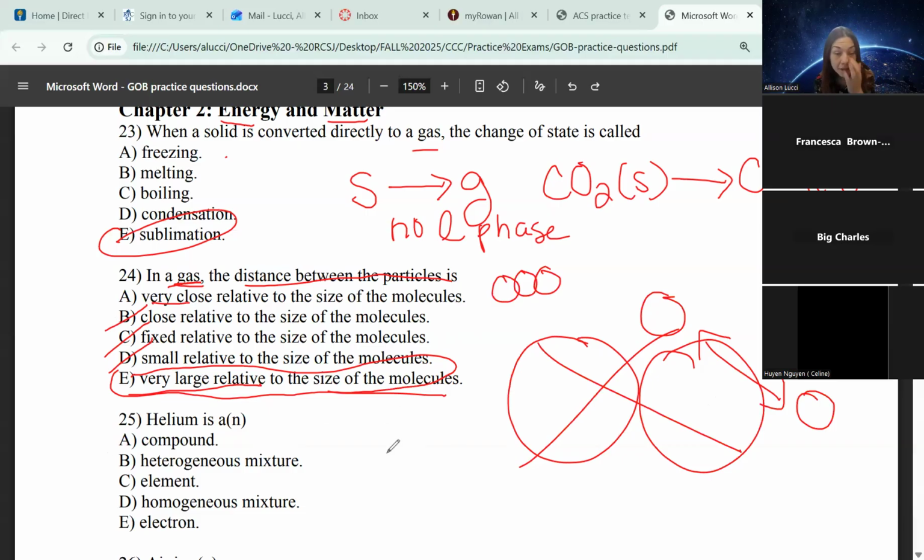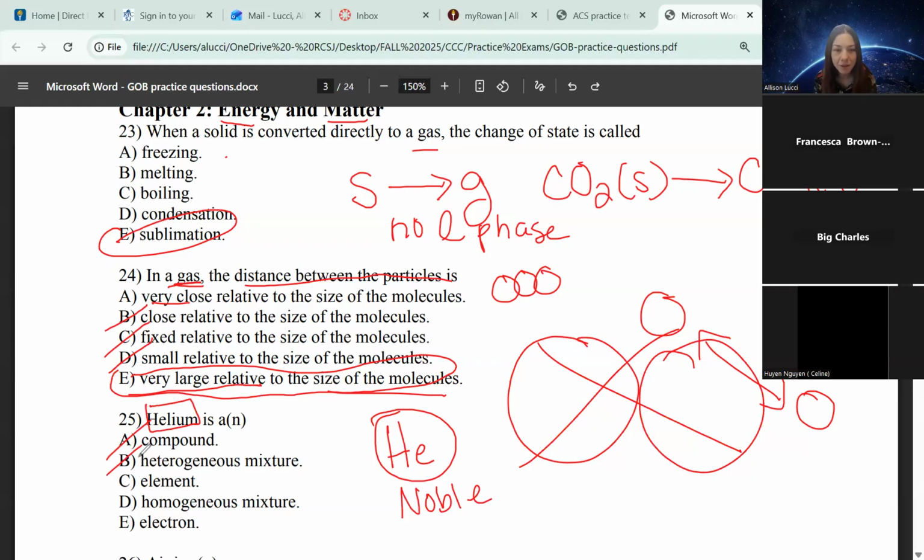Helium, well, let's think about this. What is helium? Again, this is like a definition. So I'll draw helium. My helium atom, it's a noble gas. So it's not diatomic. So it's not a compound. I won't get confused and think that it's a compound or a molecule. A heterogeneous mixture? No, because we're just told that we have helium here. So don't try to add things in. Don't try to think, where's the helium? What's around it?